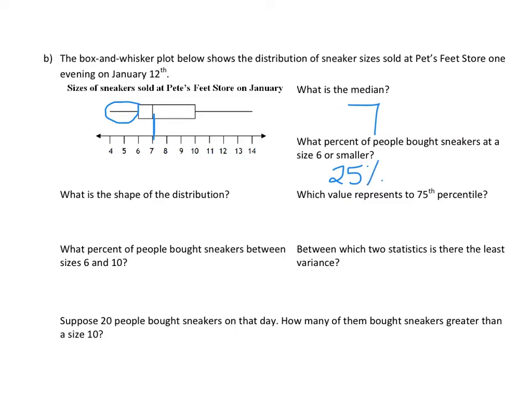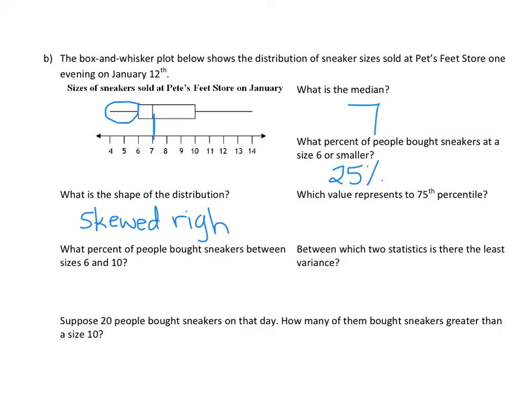Jumping left to this question. What is the shape of the distribution? Well, the tail end is on the right-hand side, so we would say this is skewed right. Which value represents the 75th percentile?